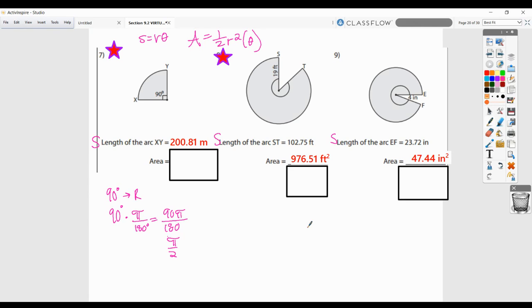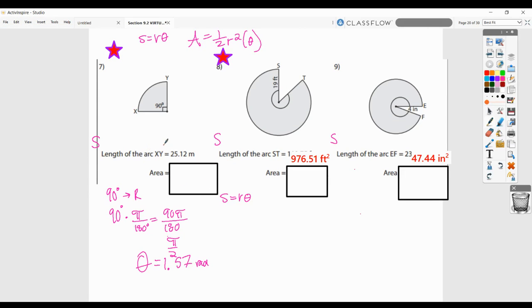The arc length given, I had to change it. It was incorrect. So it's 25.12 meters equals my radius, I don't know, times 1.57 as my theta. Divide each side by 1.57.